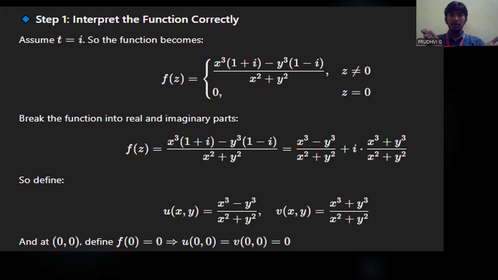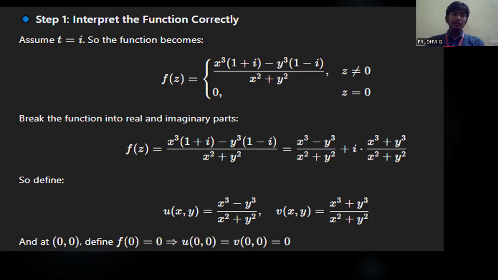So the function f of z equals u plus iv. u is nothing but the real part and v is nothing but the imaginary part, and that is how we separate the variables. u is a function of x and y, and v is a function of x and y containing the imaginary part.